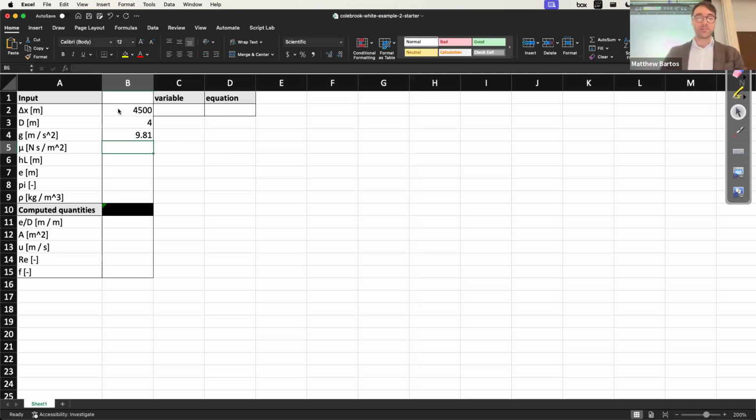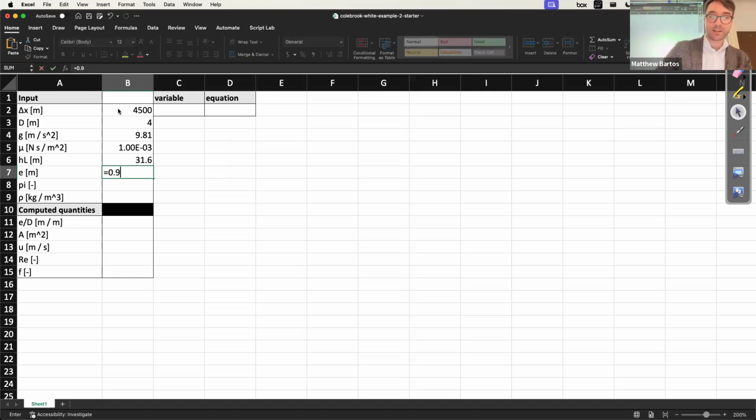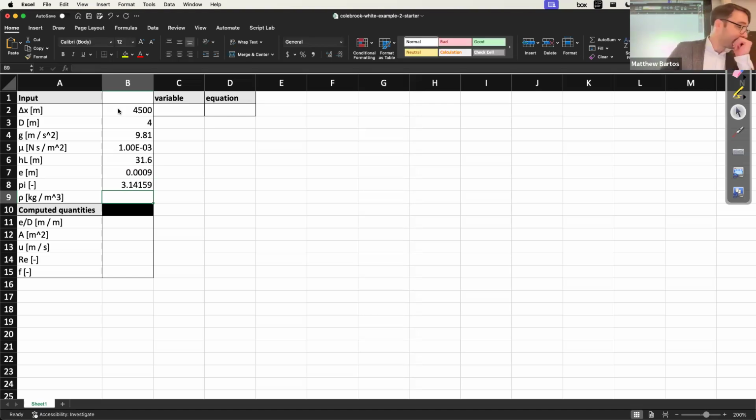Our dynamic viscosity is 1 times 10 to the negative third. What is our head loss? This is a known quantity, 31.6. The roughness height, we said before, is 0.9 divided by 1,000 because we want it in meters. Pi, I'll use 3.14159. And the density is 998 kilograms per cubic meter. So those are our known quantities.